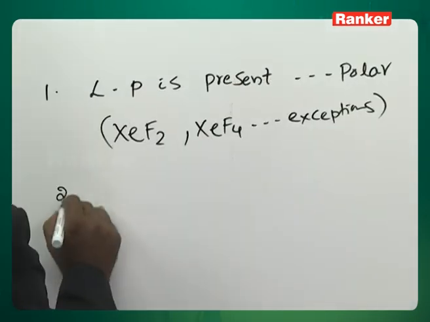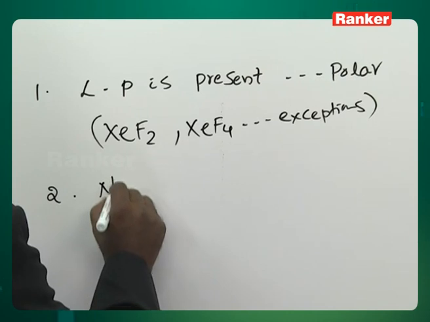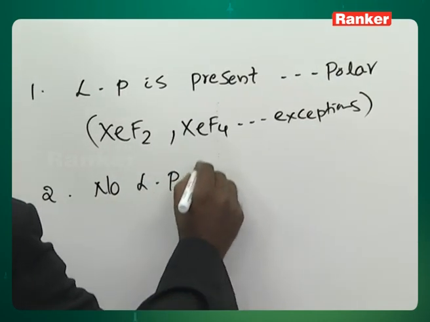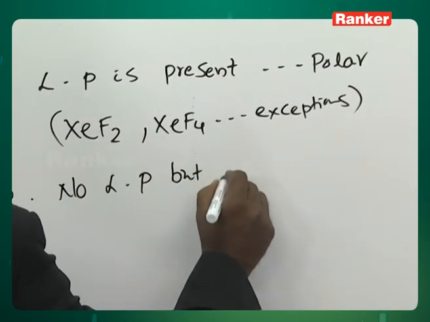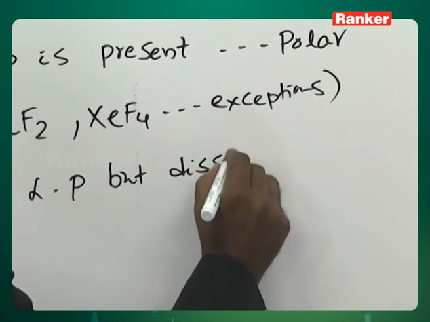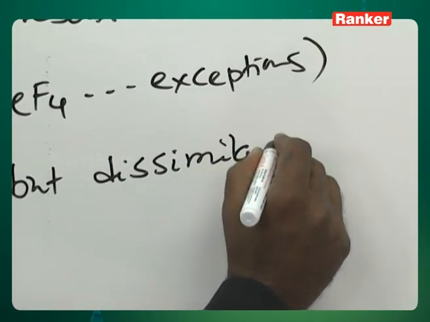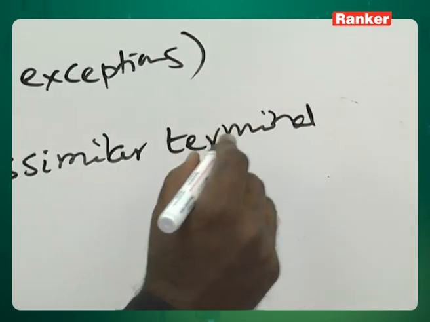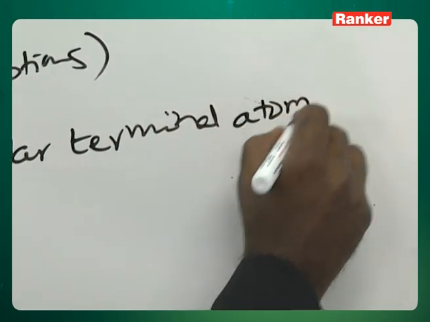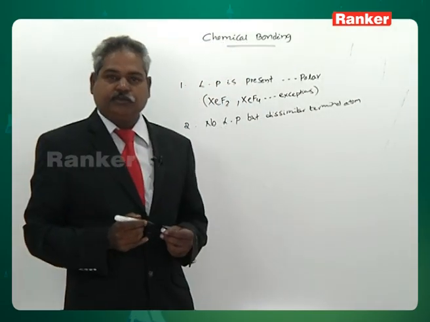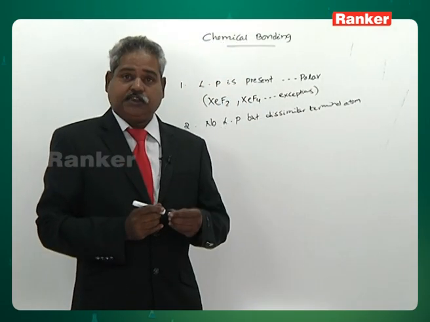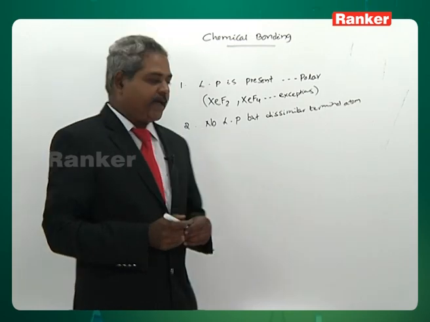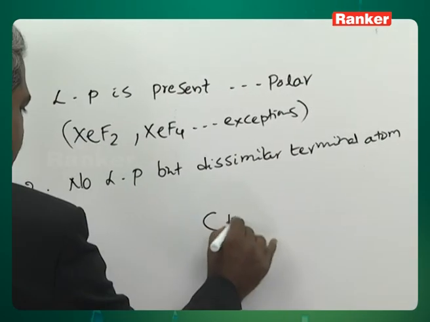2. No lone pair, but dissimilar terminal surrounding atoms. SO3, who are the terminal atoms? 3 oxygens. All 3 are oxygens, they are similar. But look at CHCl3.